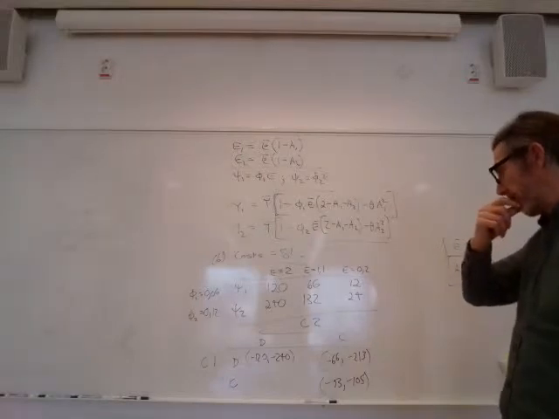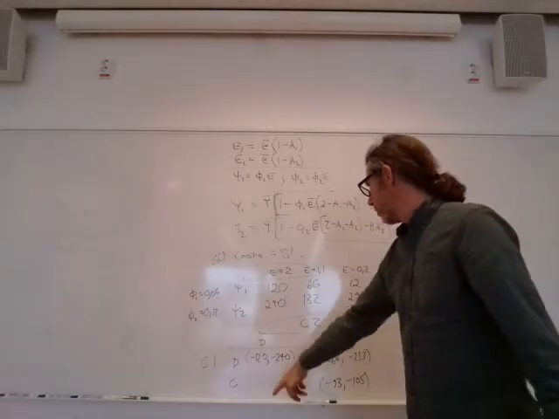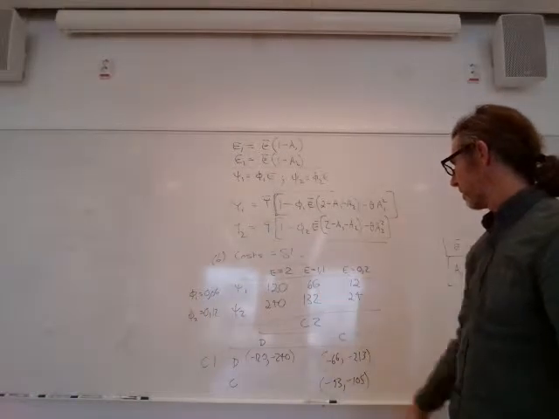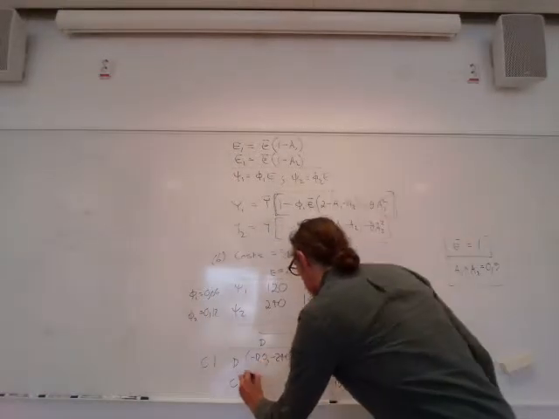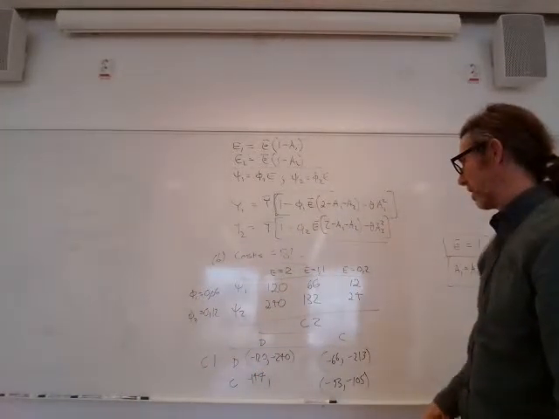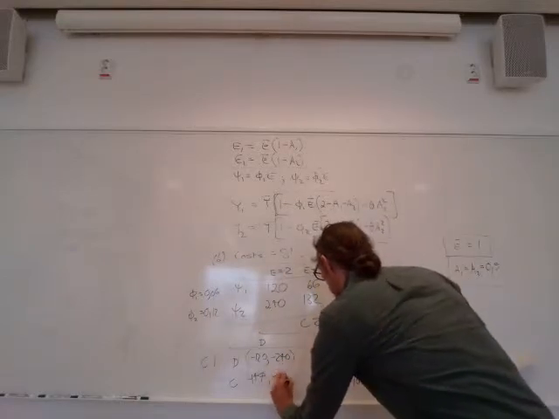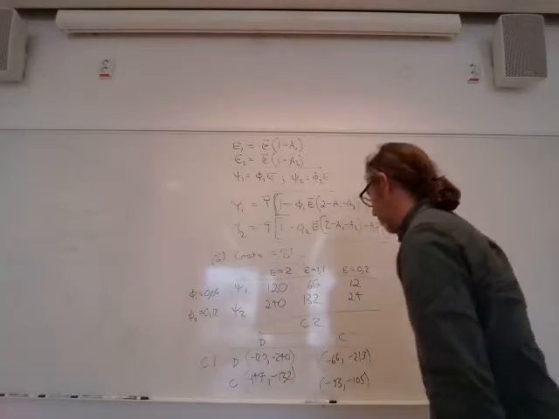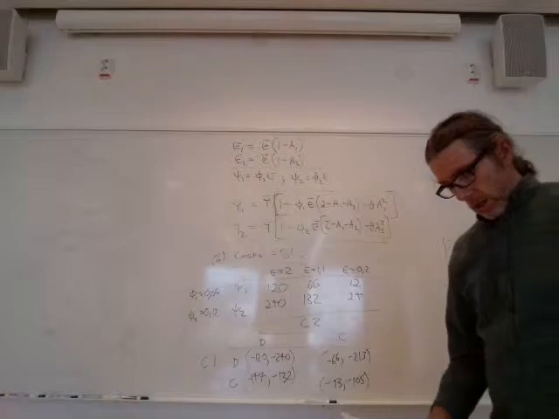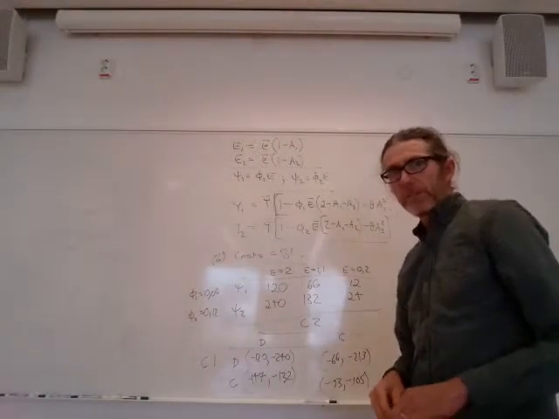And if player 1 goes clean but player 2 goes dirty, player 1 has cost of 81 and damages of 66, so that's 147. Player 2 has no costs but damages of 132. That's minus 132. Okay. And I'm out of time.